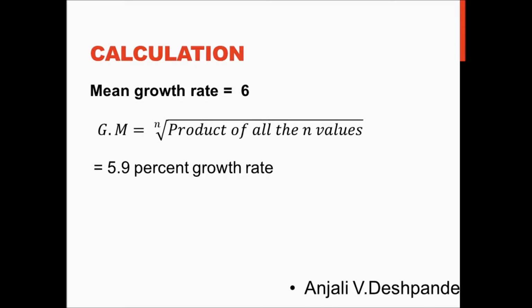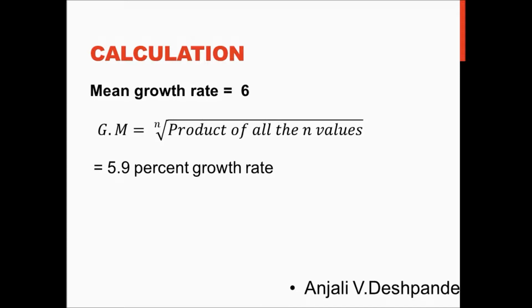Now see, what is the importance of this? The arithmetic mean is showing us 6 and the geometric mean is showing us 5.9%. The value of mean being 6 implies that supposing 6% is the growth rate, then the output at the end of the last year, which is given in the table, should come out to be approximately 133.81, which is a little bit more than the actual value, which is given as 133.61.